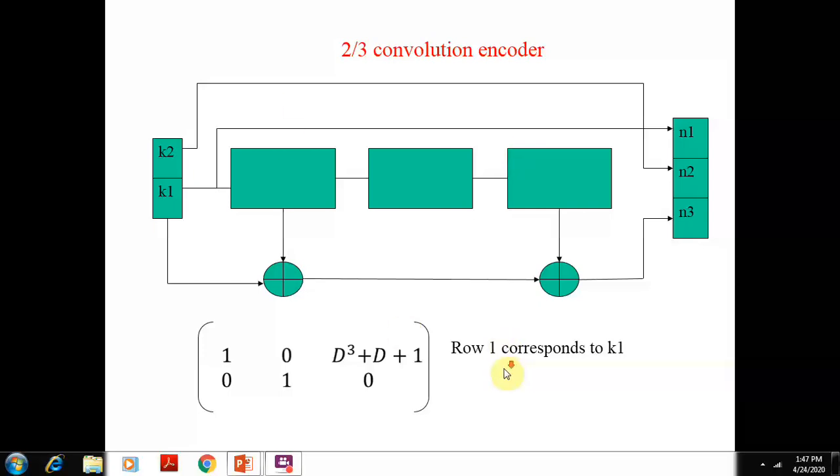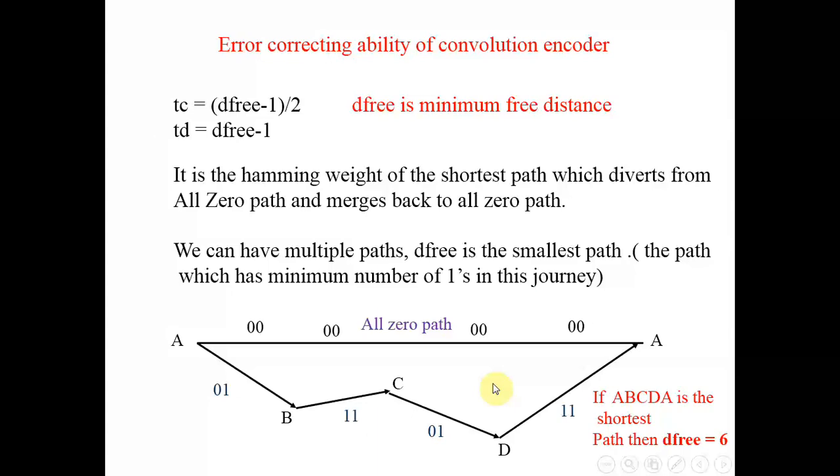Now let's come to the next important point, which is a very critical point, which is the error correcting ability of the given convolutional encoder. So we have seen cyclic codes, we have also seen linear block codes, and we know that the error detection ability of LBC or cyclic is D min minus 1, and error correcting ability is D min minus 1 by 2.